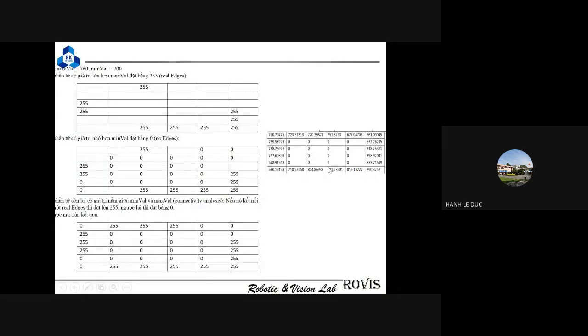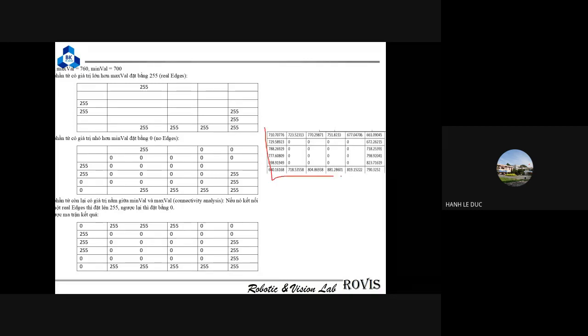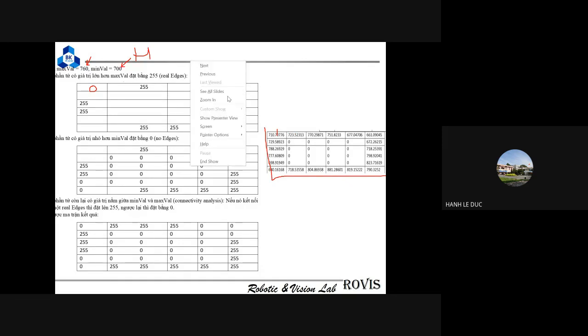Okay, this is the result of the last step, and we have this matrix. And then you choose the heuristic thresholding. Max value is this value, and low value is this value. So bigger than 760, it will become 255.